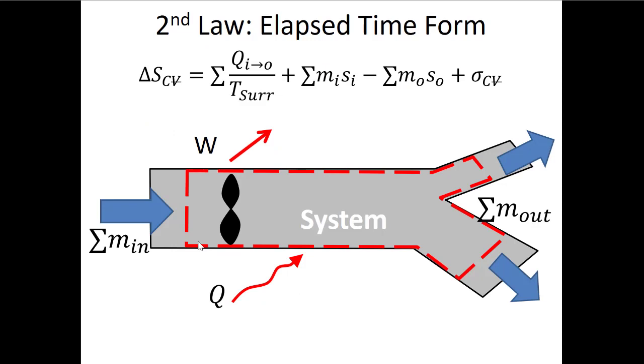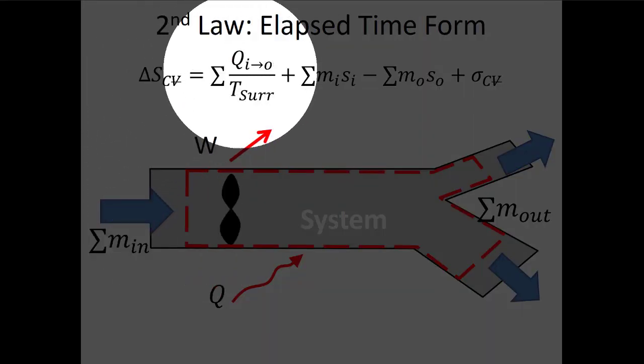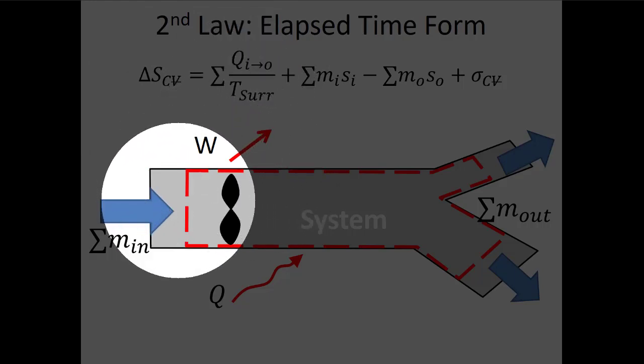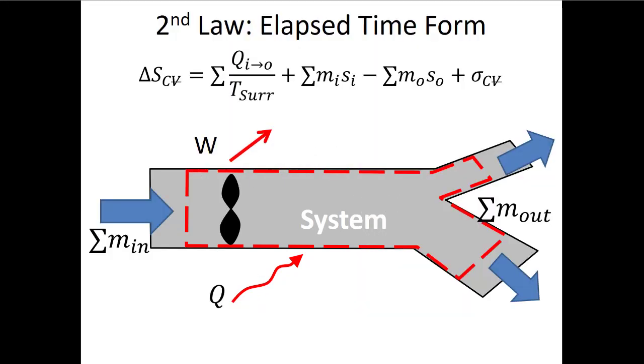We also talked about the second law in terms of a rate equation, and this is what that equation looks like in the elapsed time form as we sort of got to the rate equation. So here we know that the change in entropy is equal to the sum of all the heat transfers divided by the temperature of the surroundings, or the temperature on the boundary of our control volume, not the temperature inside our control volume.